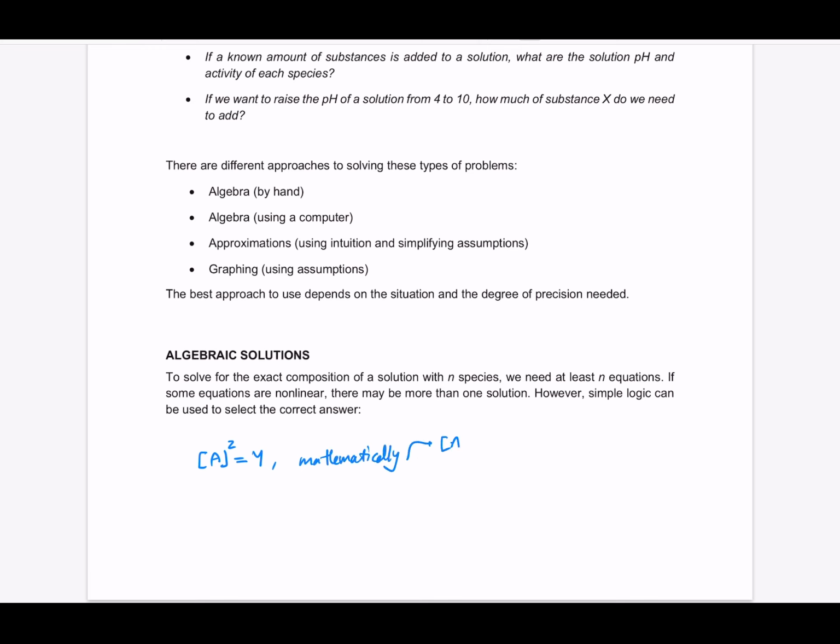So A could be either +2 or -2. But obviously in this context, -2 doesn't make sense because we don't have any concentration of a negative value. So basically just the +2 makes sense. So that's something we need to consider down the road.